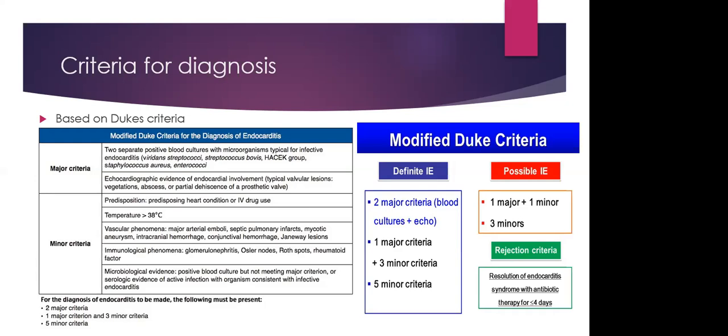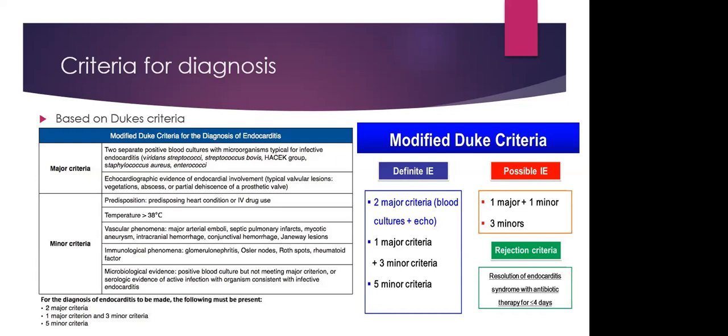And then for the minor criteria, the patient has fever of more than 38 degrees Celsius. The patient is an IVDU or has a predisposing heart condition. The patient has vascular phenomena such as conjunctival hemorrhage or Janeway lesion, and immunological phenomena such as glomerulonephritis, Osler node, Roth spot, or rheumatoid factor. And then the patient has a positive blood culture, however, it does not meet the criteria for the major.